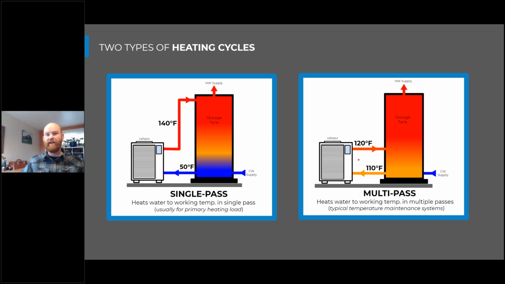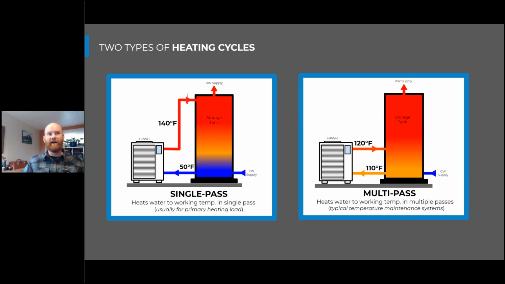Multi-pass, on the other hand, will typically add about 10 degrees of heat to the water as it goes through this cycle. So it might take multiple passes or multiple cycles for that water, if it's coming in at 50 degrees, to get all the way up to 140 degrees. So here on the screen, I'm showing 110 degree water coming in and 120 going out. And you'll notice that the tank connection here is low in the tank.